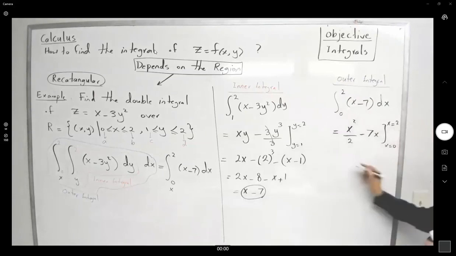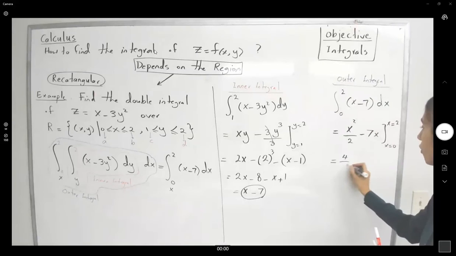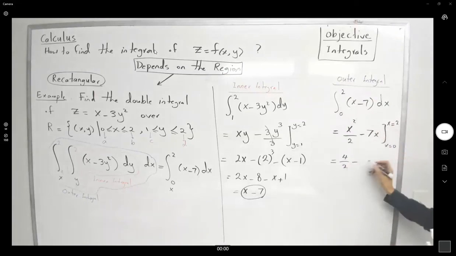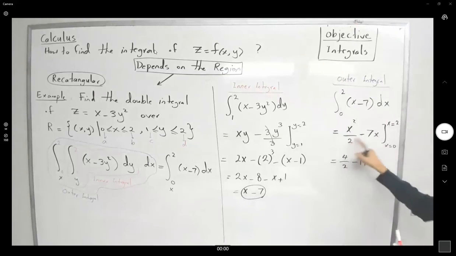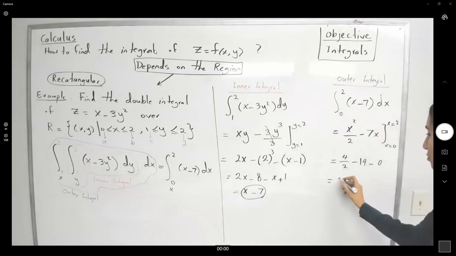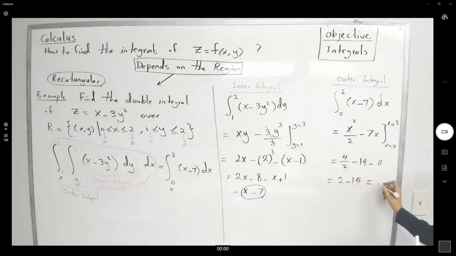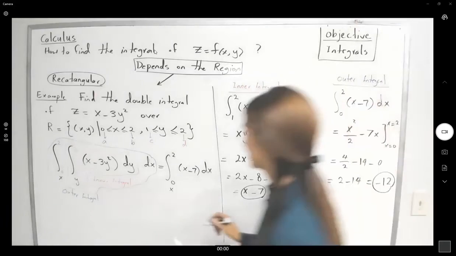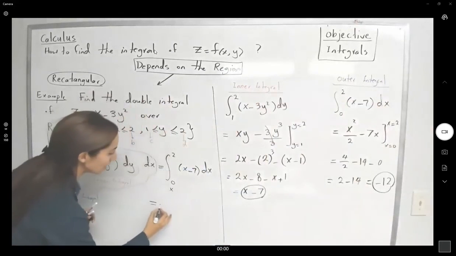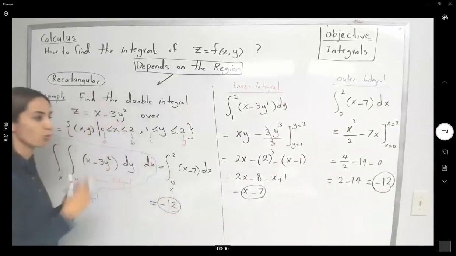If I plug in 2, I get 4 divided by 2 minus 2 times 7, 14, minus. When I plug in 0, I get 0 minus 0, or just 0. So what I have is 2 minus 14, which is again negative 12. So this double integral is negative 12.